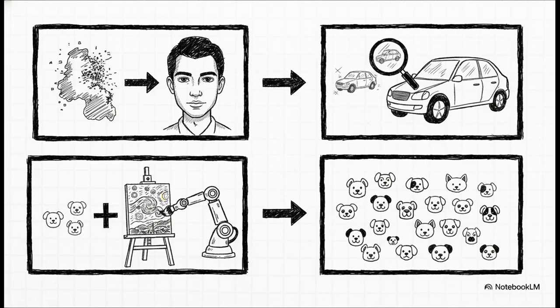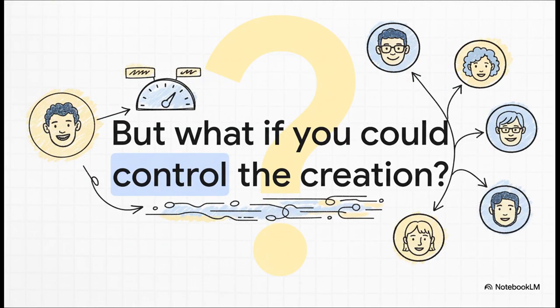That's called super resolution. Or, get this, you could train a GAN on all of Van Gogh's paintings, and then it could generate completely new, original paintings in his iconic style. It's wild. They can even help out other AIs by creating extra training data when you just don't have enough real-world examples.